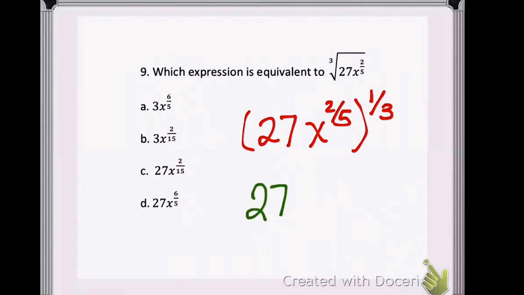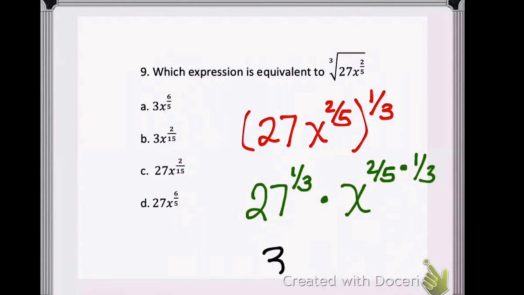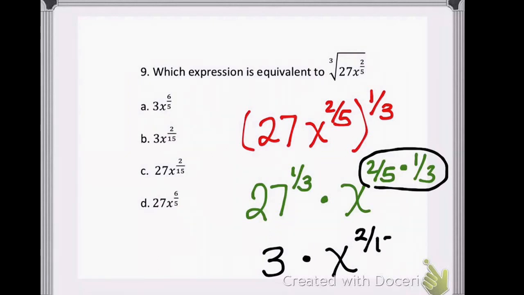So that'd be 27 to the 1/3 power times x to the 2/5 power times 1/3. And then I would work that out. 27 to the 1/3 power is 3, if you put that in your calculator, times x, and I need to multiply my exponents here. So 2/5 times 1/3 is 2/15. So my answer would be B.